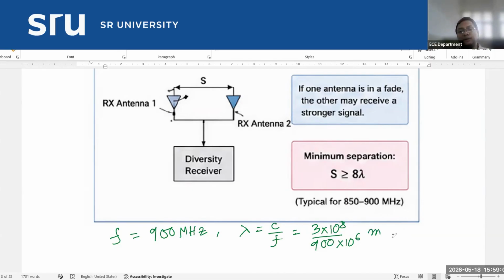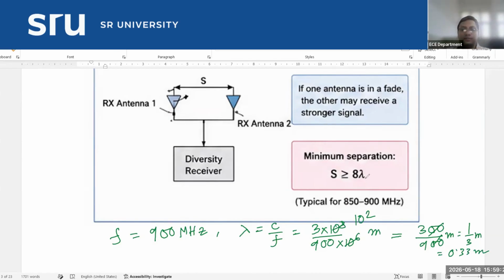The unit is very important. Don't make a mistake in unit. So 10 to the power 6, 10 to the power 8, 10 square. So this is actually 300 divided by 900. So 3 by 9 meter, or 1 by 3 meter, or 0.33 meter.